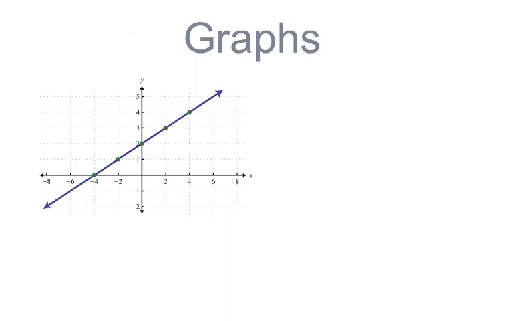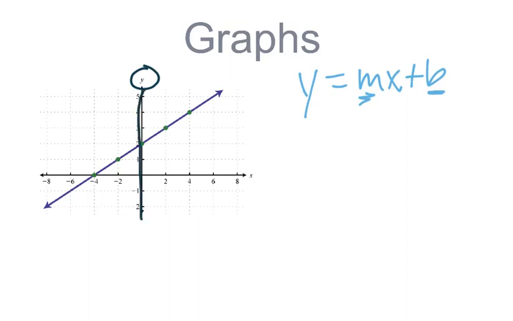All right, so for our first example, let's tackle some graphs. So we know that our formula is y equals mx plus b. That's our equation. So we need to plug in, and we need to find our m, and we need to find our b. So I'm going to start by finding our b, or our y-intercept, by first looking at our y-axis and seeing at what point we cross this graph.